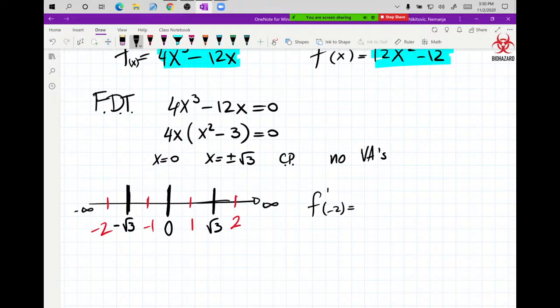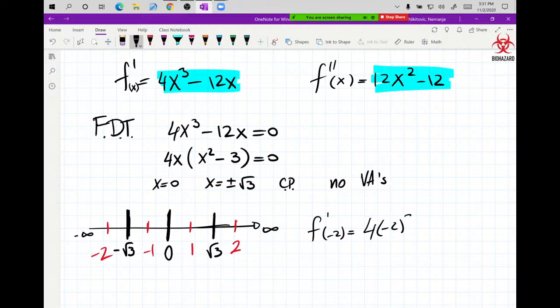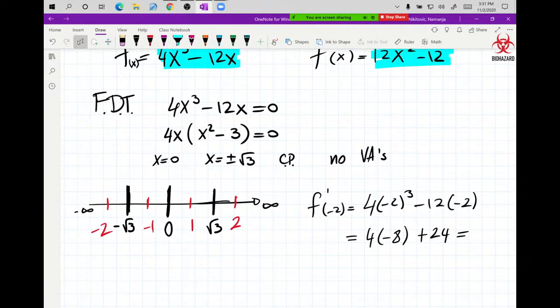So we plug in -2, and that's going to replace, right? So 4 times -2 cubed minus 12 times -2, and that gives us 4 times -8 plus 24. 4 times -8 is -32 plus 24, and that gives me, I don't care, it's negative.